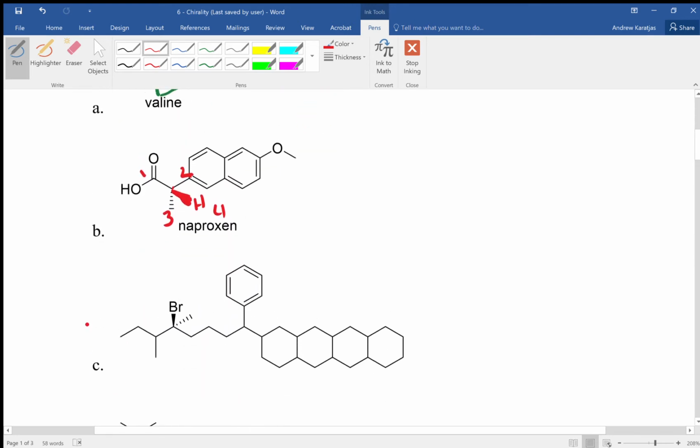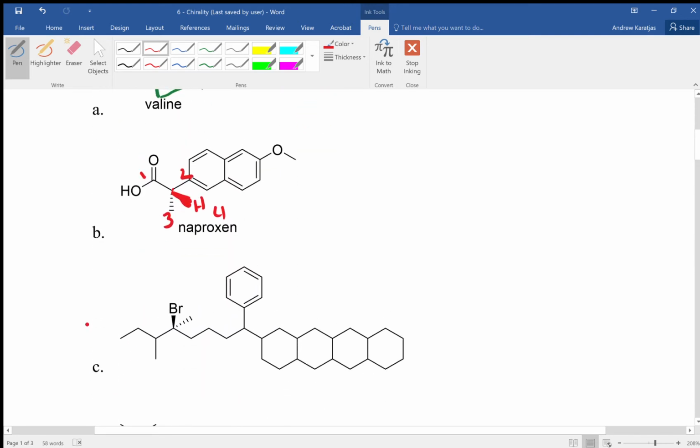So now we just need to rotate this molecule so that our hydrogen is pointing back instead of forward. But there's actually a shortcut we can take here. And the shortcut is because the low priority points forward. Can't use this in any other situation.